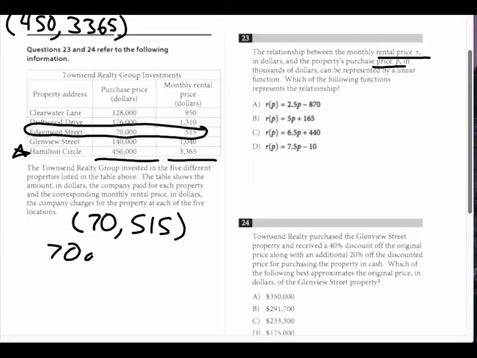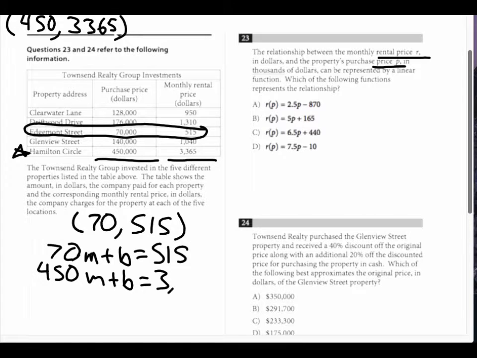I don't know if you guys remember this, but we did this once before. If I make a system of equations, because basically I have 2 unknowns. I'm sorry, I wrote that as m. So 70 times m plus b, and then I have 450 times m plus b should equal my rental price, right?